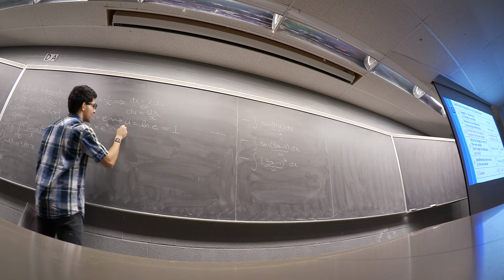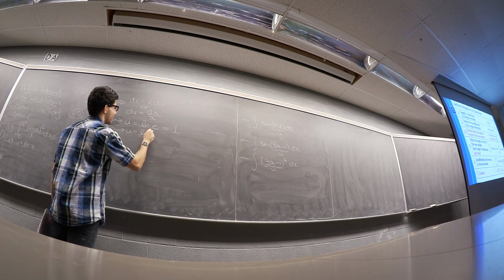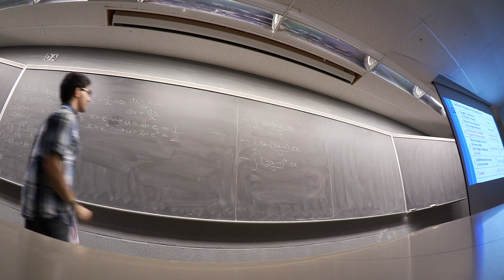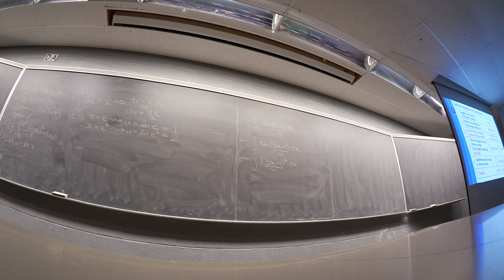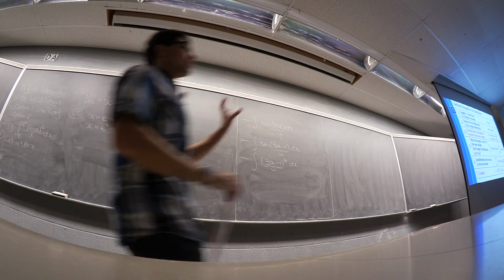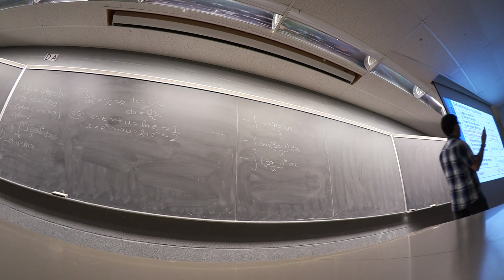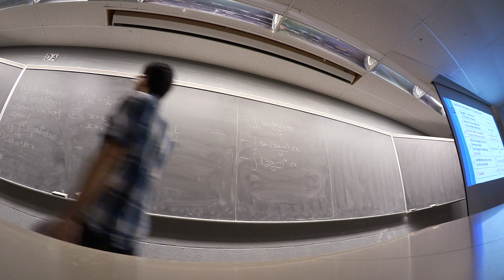What's ln of e squared? 2. Thank you. I appreciate it. So that's the new job that we have now that we didn't before. We've got limits now. We better put our limits in terms of the new variable, otherwise this isn't going to make any kind of sense.